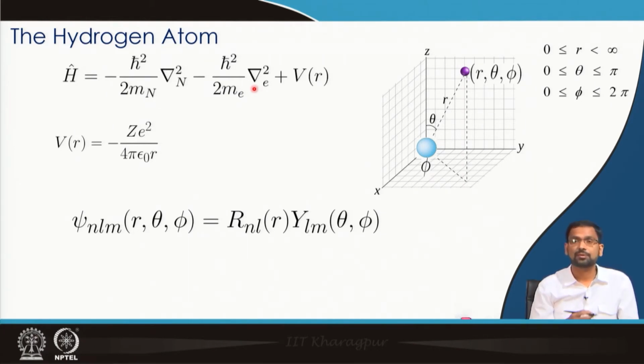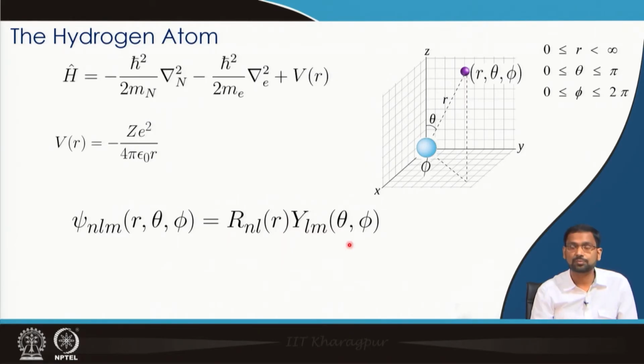That is why in the previous class we said that the total eigenfunction of the hydrogen atom, that is psi, which will be a function of r, theta and phi, the three coordinates of the spherical polar coordinate system, can be written as a radial part multiplied by an angular part of the solution.